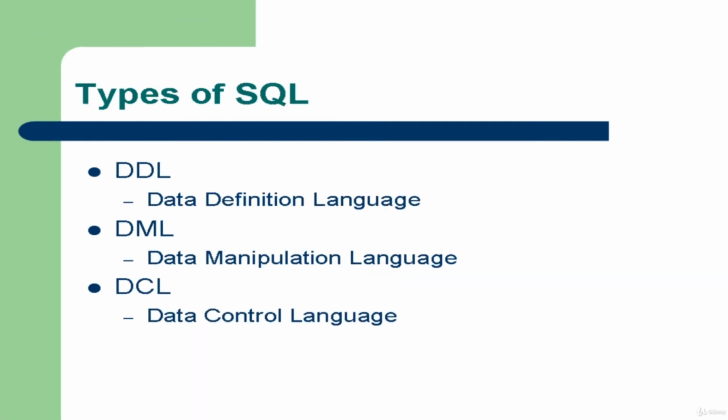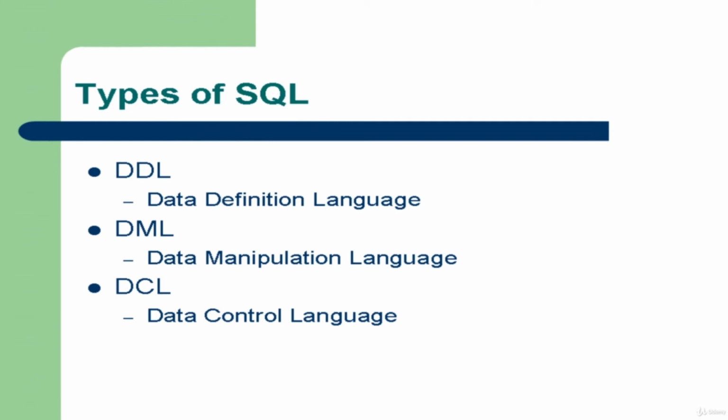Types of SQL statements. Depending on the purpose, you have different types of SQL. DDL is also called data definition language, DML is data manipulation language, and DCL is data control language. In DDL, you define a table or you create a table.